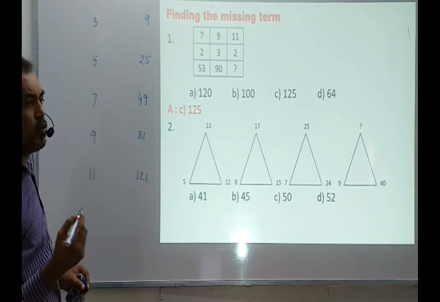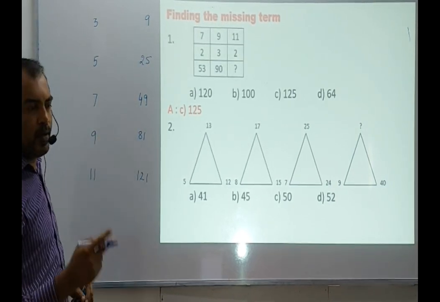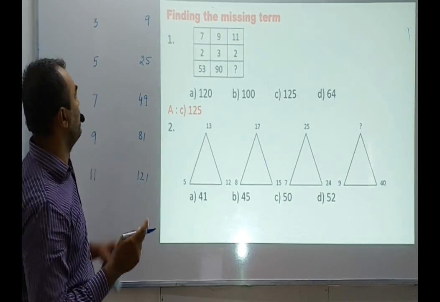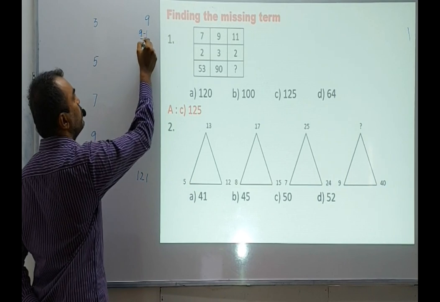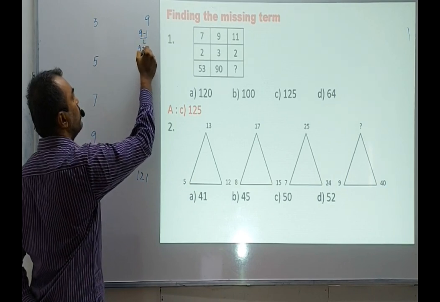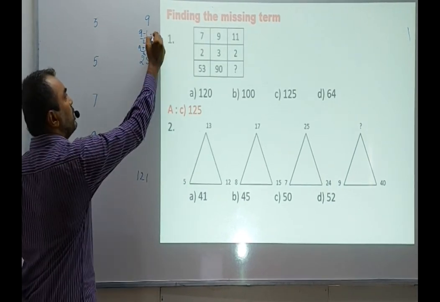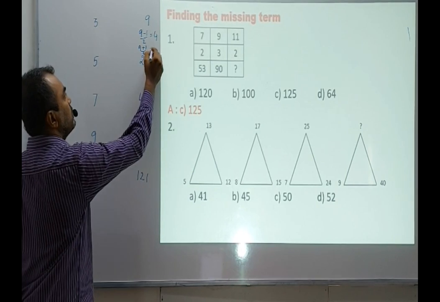Now, which are two consecutive numbers whose sum gives us 9? Tell me two consecutive numbers which, when I add them, give 9. And what is the easy way to find it? You do 9 minus 1 upon 2 and 9 plus 1 upon 2. What is 9 minus 1? 8. 8 upon 2 is 4. What is 9 plus 1? 10. 10 upon 2 is 5.